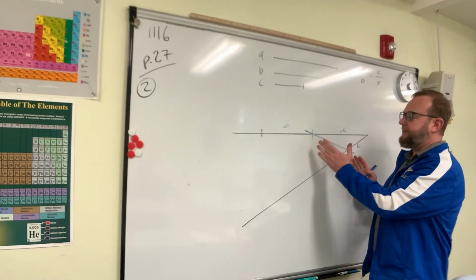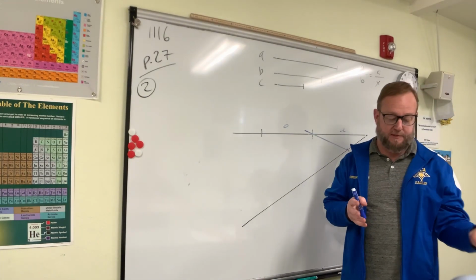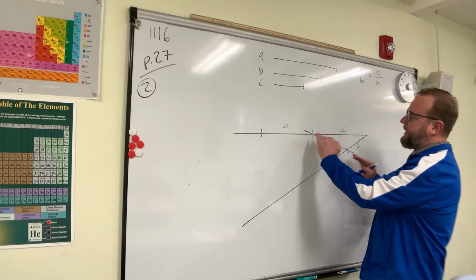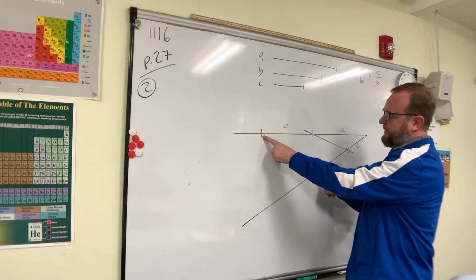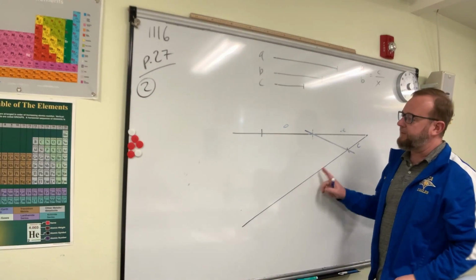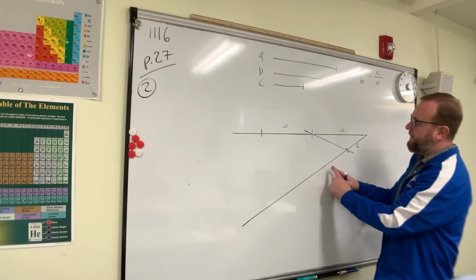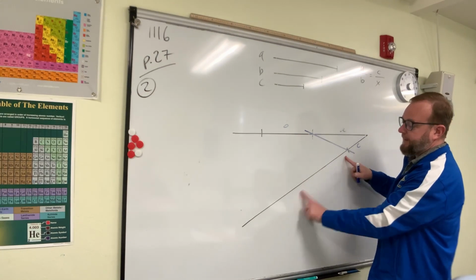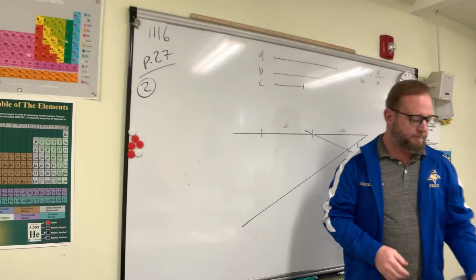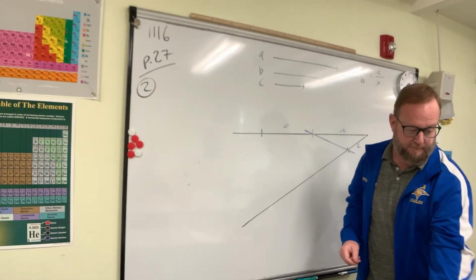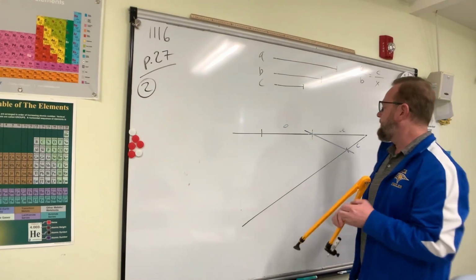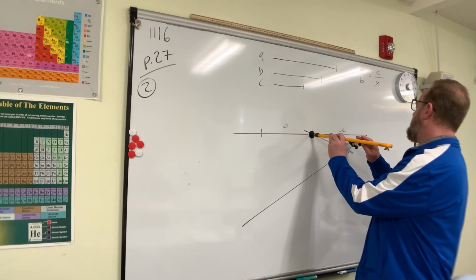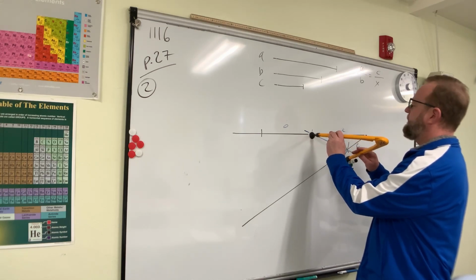So using the example again on page 26 as a reference, I need to create a second line parallel to this line that passes through here and then some unknown point here. I don't know where it is because that's what I'm trying to solve for. That's my unknown x, this unknown length here. So how do I find it? I put my pointy end here and get this distance.